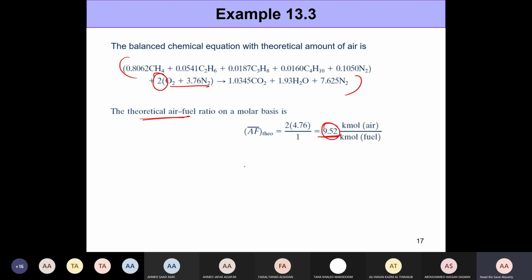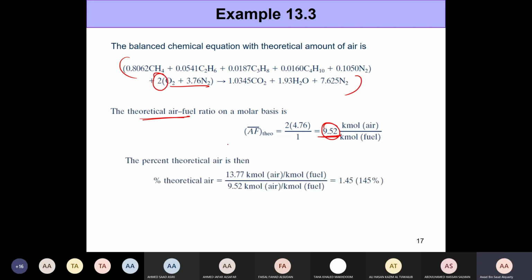Now, to calculate the percentage theoretical air, we look at the actual air-fuel ratio, which is 13.77, which we just calculated, divided by the minimum amount of air needed for complete combustion, which is 9.52, which we got by balancing the equation. As we expected, we have excess air to start off with, so this ratio is more than 100%. It comes out to be 145%.